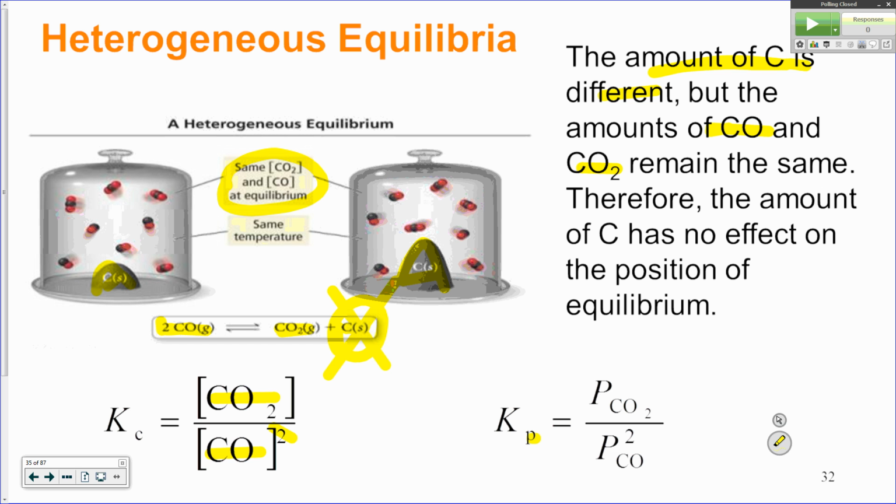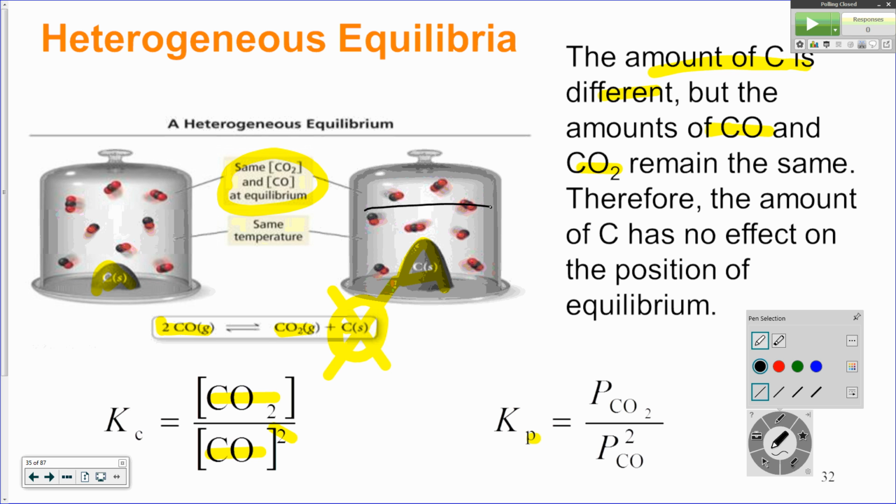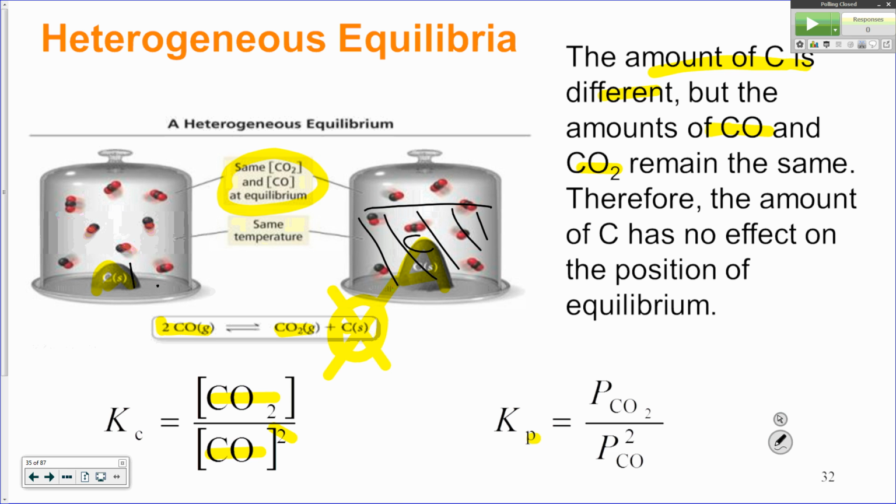So it doesn't matter if I fill this jar up with carbon all the way to right here. It's still not going to shift the equilibrium concentrations. Or if I take everything out so that there's just one speck of solid carbon left, as long as there's any solid present whatsoever, the equilibrium is not dependent on that.